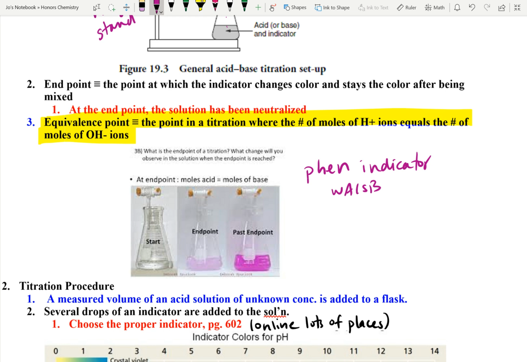You'd add a little bit more base, swirl it, and it would go away. And when it turns, with like a half drop or a drop, to this color, it's very pale, that is your endpoint. And that's where we can say the moles of acid equal the moles of base. If you go too far past, then it becomes that really hot pink color. And then you probably would have to do another titration.